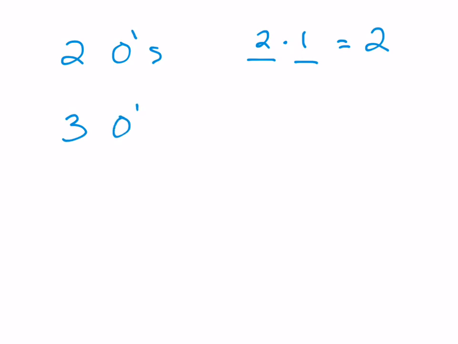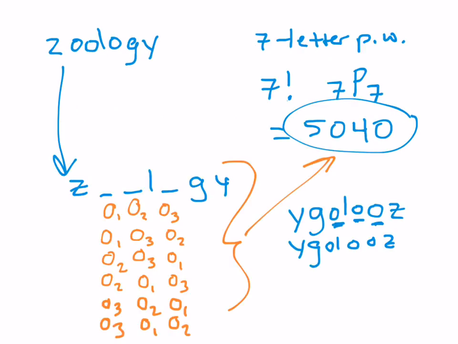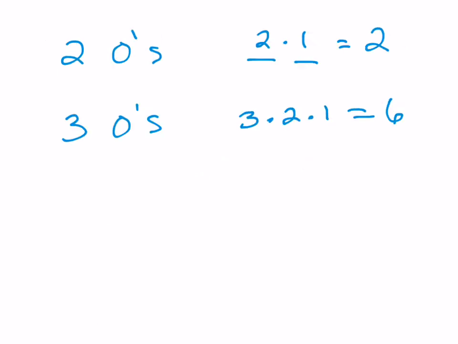If I had 3 O's, as in zoology, there would be 3 times 2 times 1, or 6 different ways to arrange those O's. And I listed all of them out so you can actually see that. If we had 4 O's, how many different ways would there be to arrange them? There would be 4 times 3 times 2 times 1, or 24 different ways to arrange those O's.